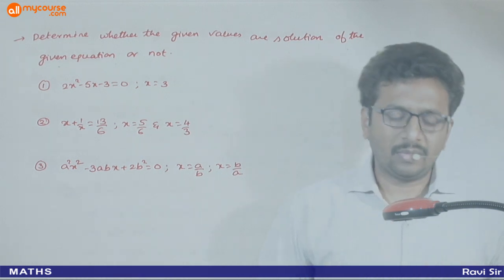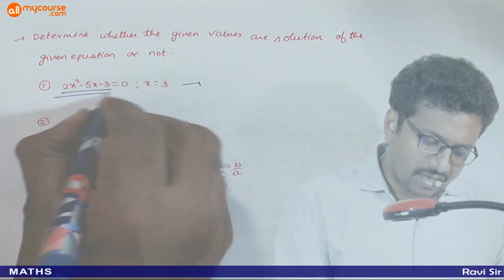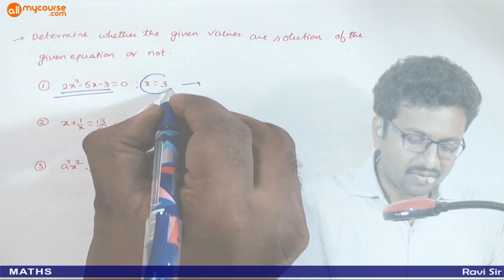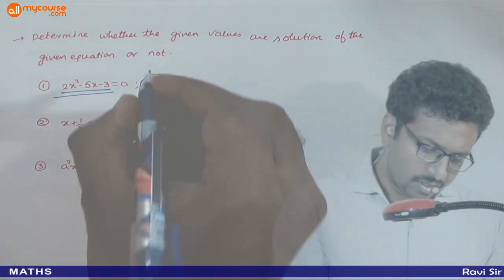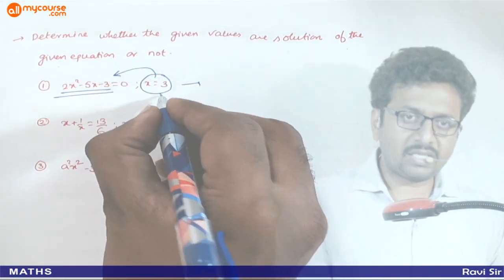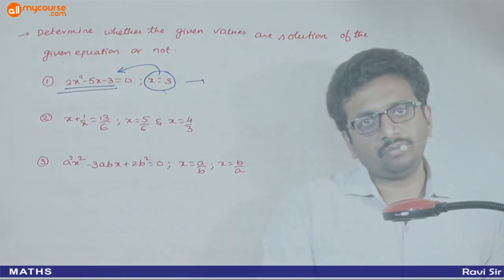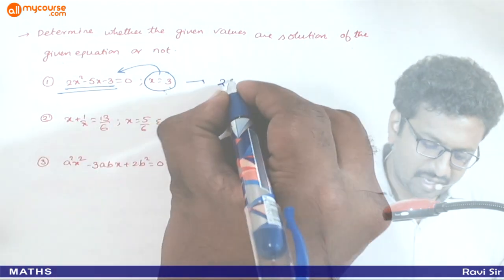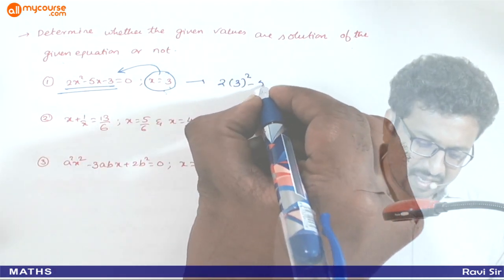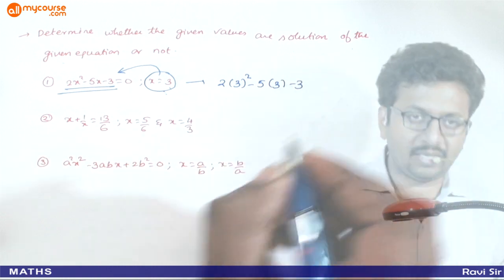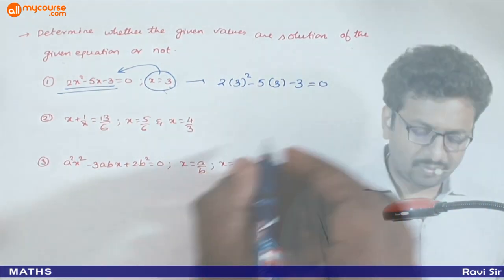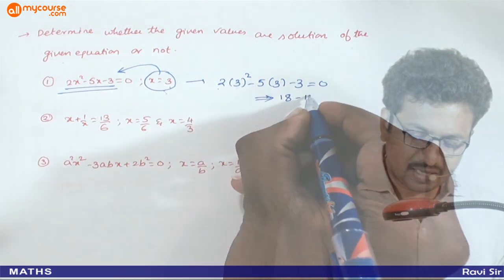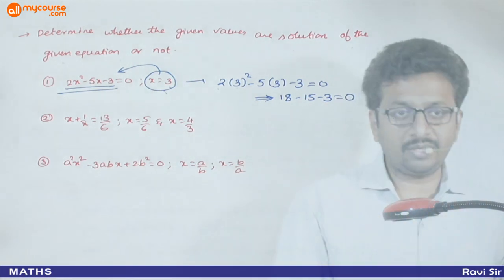That's it. So 2x square minus 5x minus 3 is equal to 0, and the value of variable given is x is equal to 3. So you are asked to check whether x equal to 3 is a solution or not. Just put the value in place of x. 2 times 3 square minus 5 times 3 minus 3 is equal to 0, which implies 2 times 9, 18, minus 15 minus 3 is equal to 0.